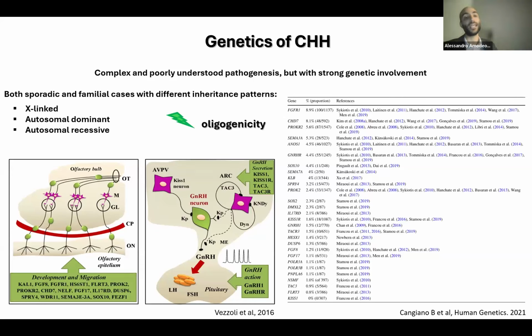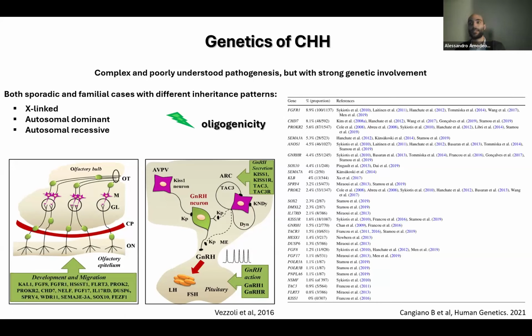The pathogenesis of CHH is complex and poorly understood, but with a strong genetic component. CHH is genetically heterogeneous. We can find both sporadic and familial cases with different inheritance patterns.